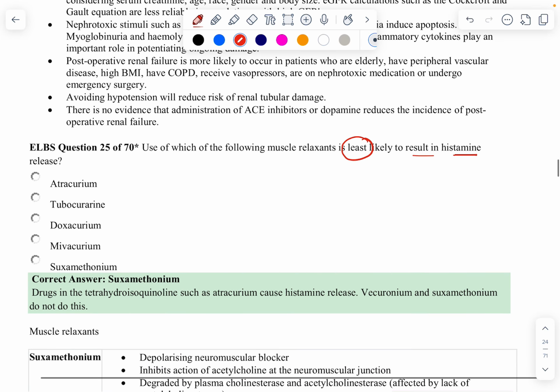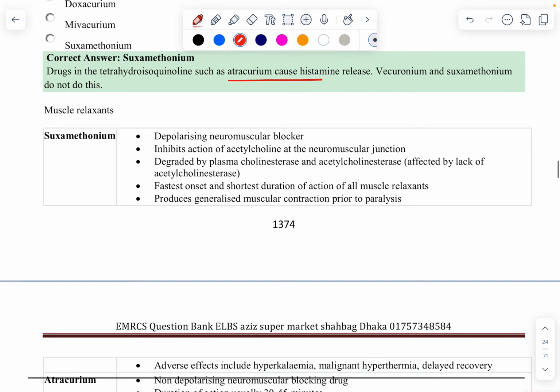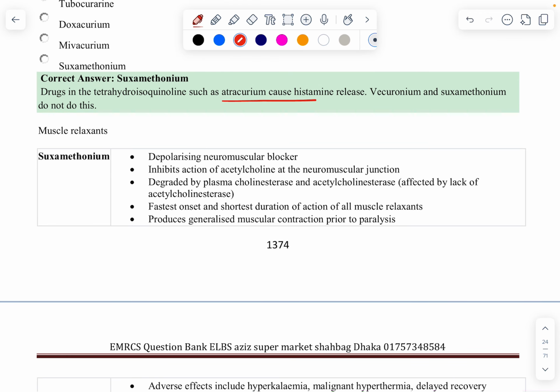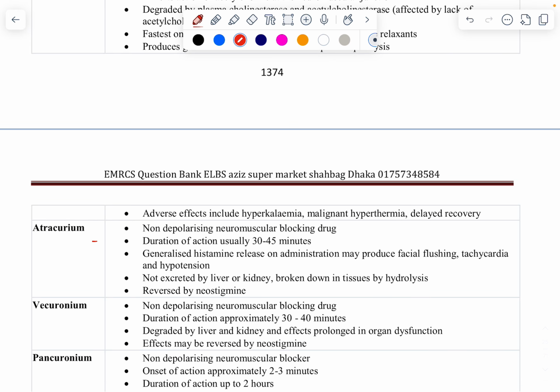Drugs like atracurium cause histamine release, while vecuronium and suxamethonium do not. Atracurium is non-depolarizing, and its duration of action is slow. Histamine release may produce facial flushing, tachycardia and hypotension. That's why it is important.